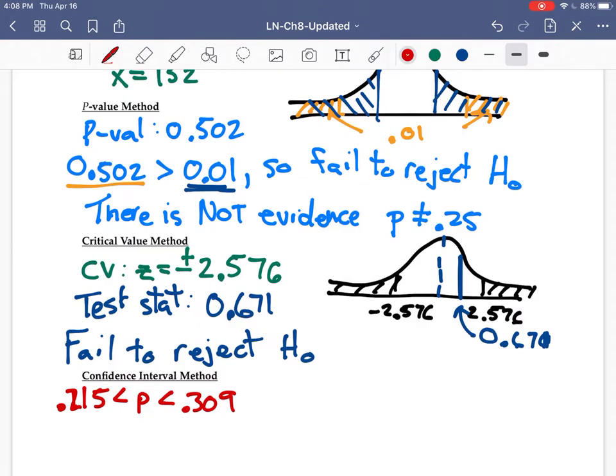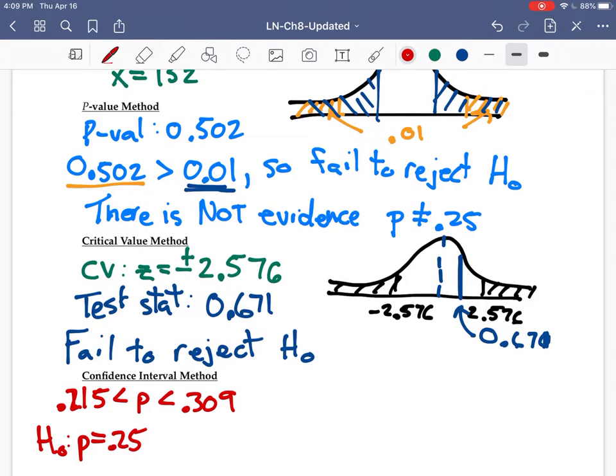What we want to ask here is, does the hypothesized value from the null hypothesis, p equals 0.25, live in this interval? Since 0.25 lives in this interval, we cannot reject that.